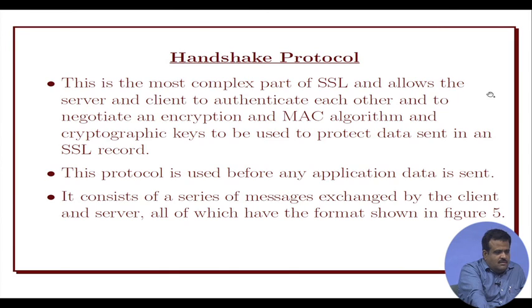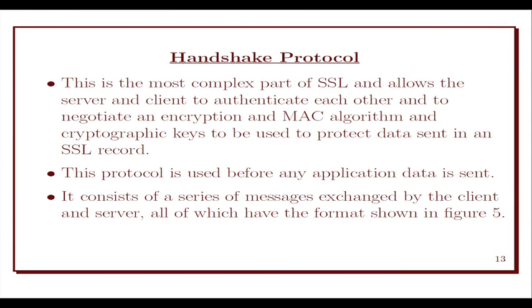They also negotiate an encryption and MAC algorithm, and the cryptographic keys to be used to protect the data sent in an SSL record. This protocol is used before any application data is sent. It consists of a series of messages exchanged by the client and the server. So, we will talk about how this is happening.